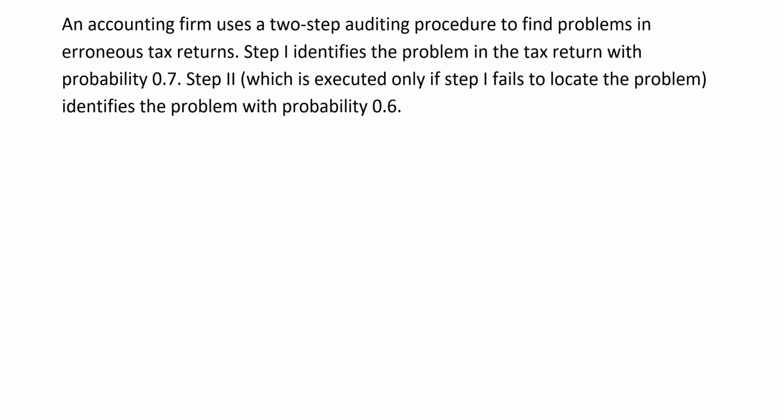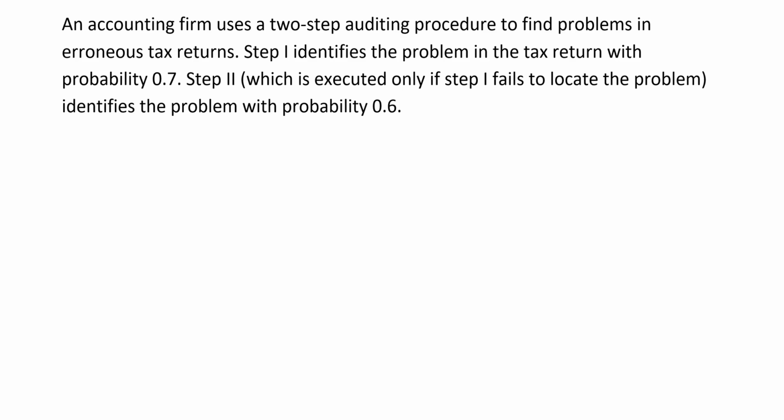One additional example that we'll take a look at is an accounting firm uses a 2-step auditing procedure to find problems in erroneous tax returns. Step 1 identifies the problem in the tax return with a probability of 0.7. Step 2, which is executed only if step 1 fails to locate the problem, identifies the problem with probability of 0.6.